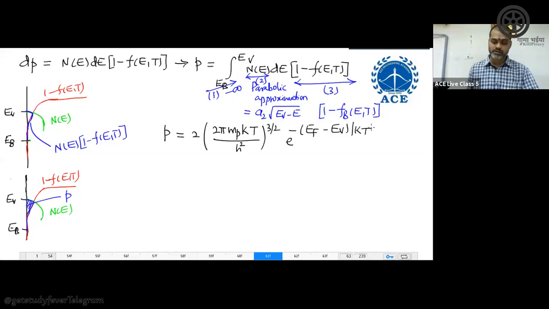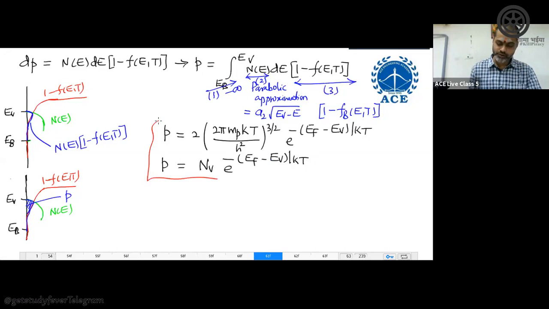Okay, so you can very clearly see the only different term here is MN and MP, otherwise it is the same. So we can write this as P equal to NV e power minus (EF minus EV) divided by KT. Okay, so these are the equations that we are going to get.